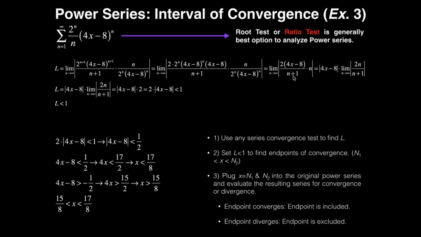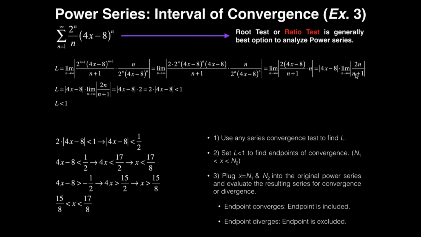All right, what can I do here? Remember that this x term is only in terms of x, it has no n in it. And since the limit is only in terms of n, I can pull the 4x minus 8 outside the limit. But remember, since I have these absolute value signs, I have to keep the absolute value signs around the 4x minus 8 when I pull it out in front of the limit. So the limit is equal to the absolute value of 4x minus 8 times the limit as n goes to infinity of 2n over n plus 1.